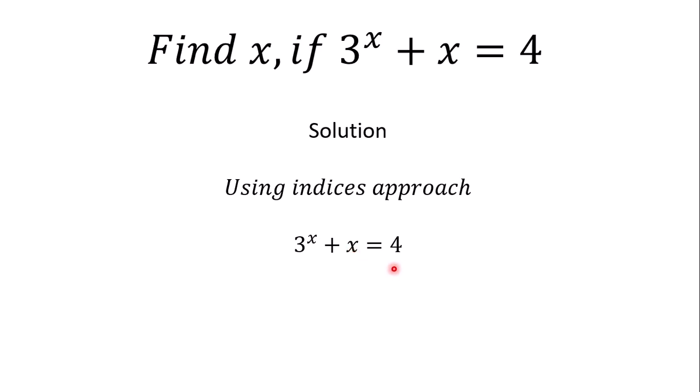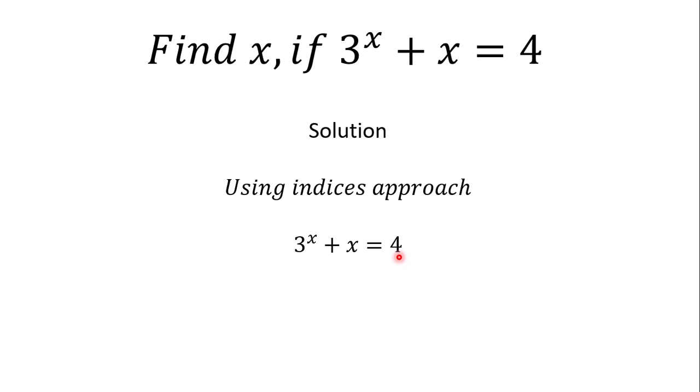We will write this 4 to look like this one, not the same thing, but to look like this, so that we can do comparison to find the value of x. Now let's find out how we can write this 4 to look like this.